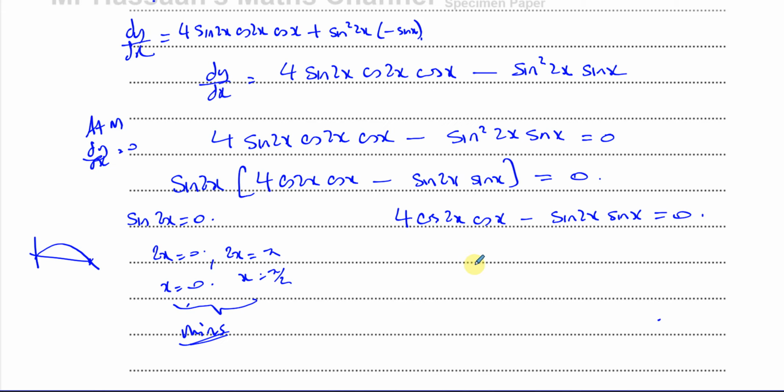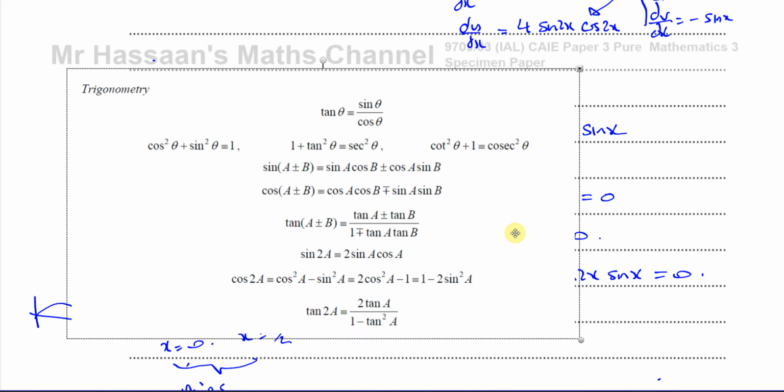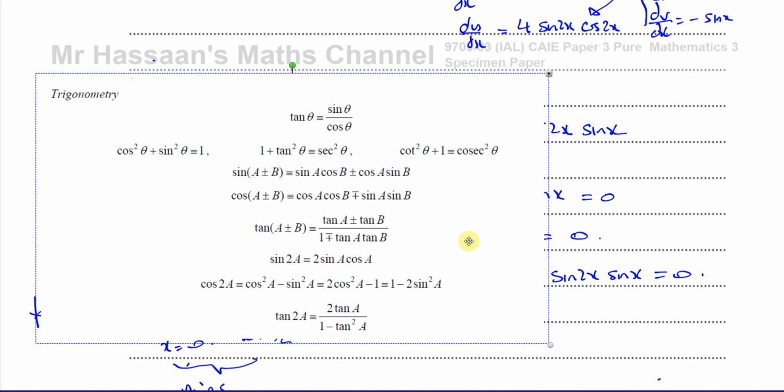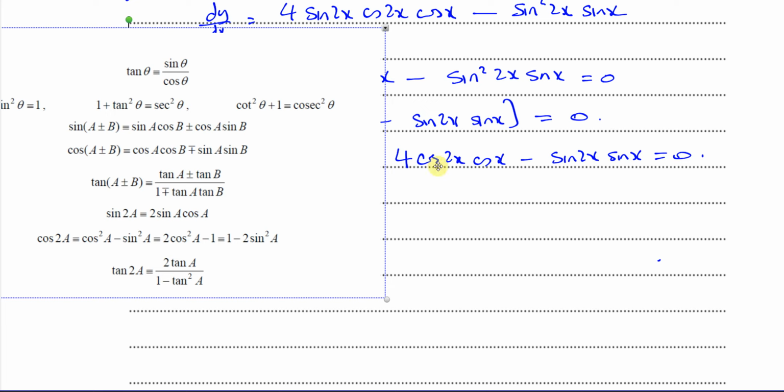Now if I change this such that it becomes all cosines, then I have to use the identity for cosine of 2x. Again, with Cambridge, they give you all the formulae, so I'm going to bring those up now. This is from the formula sheet for trigonometry that you get in your exam. We're going to see how we can rewrite this so that we can answer the question properly.